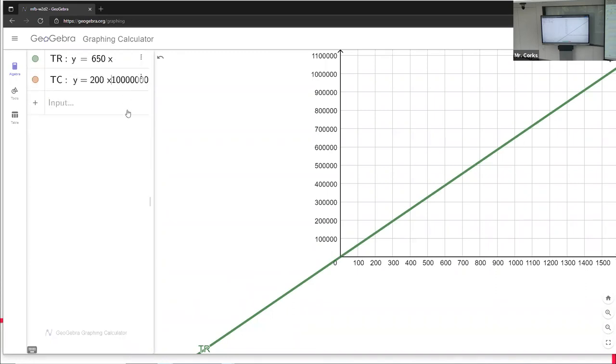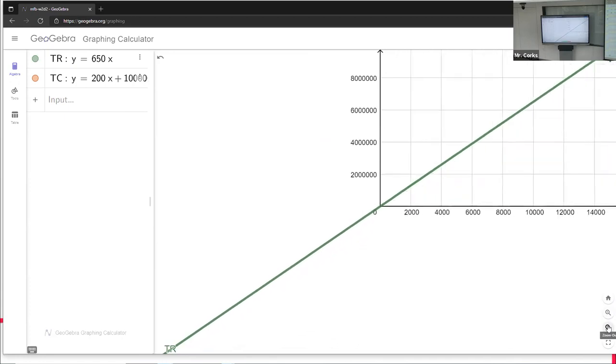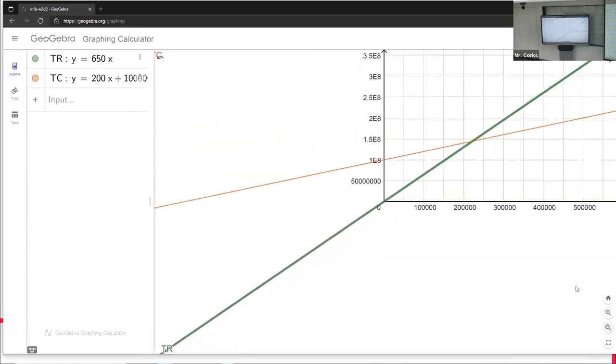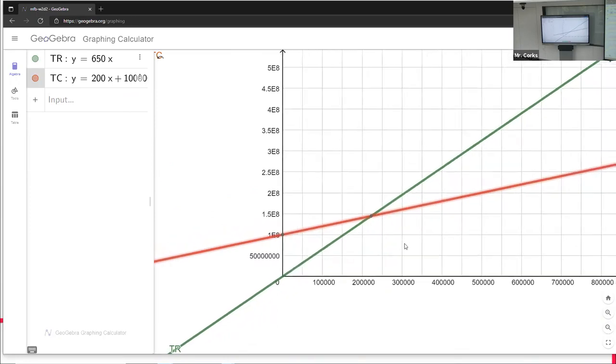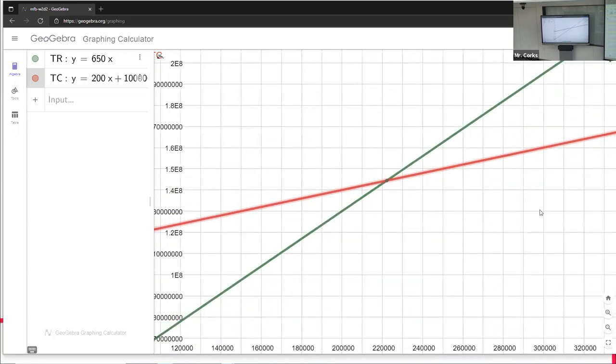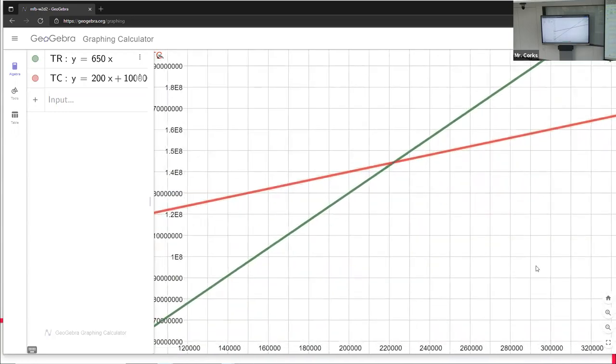Okay, so we can't see the total cost line because, well, it's huge. Those are really high costs. So we have to zoom way out here. So what we care about is this point here where these two lines are crossing.